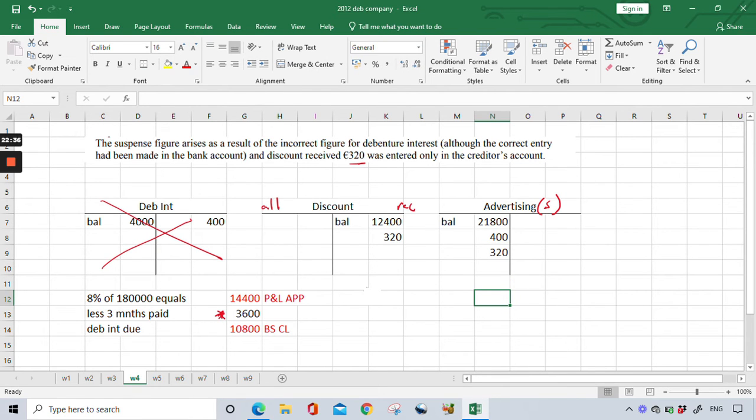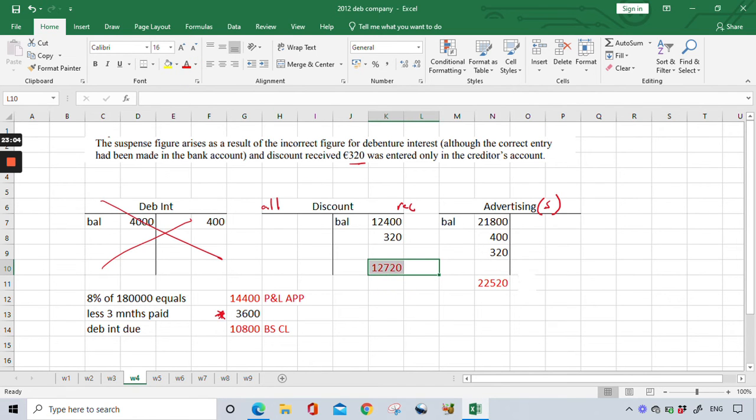So now what I need to do, I add the two of these numbers up, and I get 12,720. And if I add these up, I get 22,520.